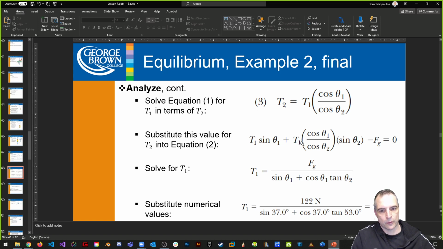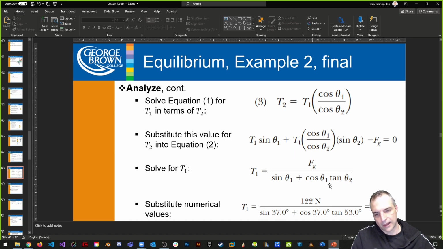We want to factor out T1, because T1 is a common factor of both this term and this term. If I factor out T1, this is equivalent to T1 times sine theta 1 plus cos theta 1 over cos theta 2 times sine theta 2. And then when we divide everything, we get something that looks like this when we move things around.